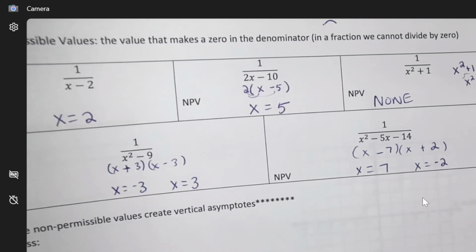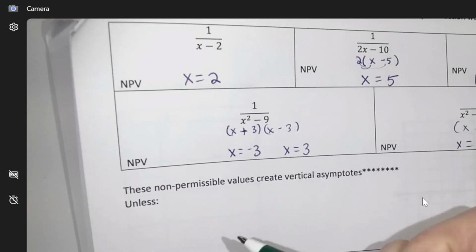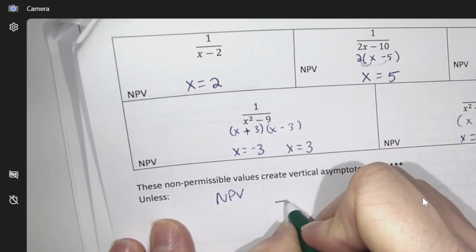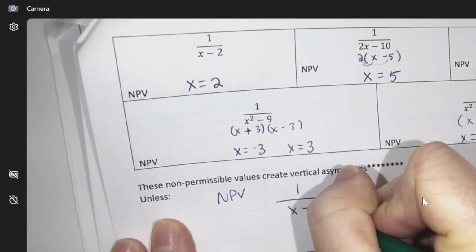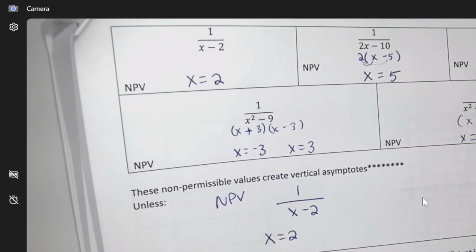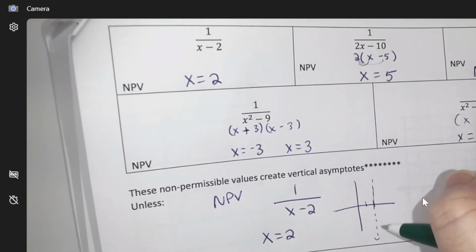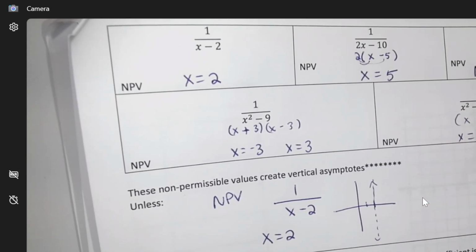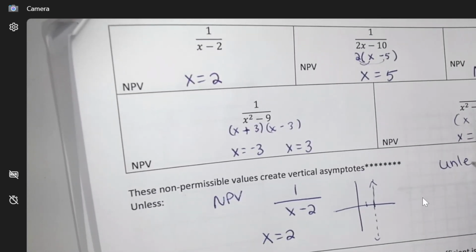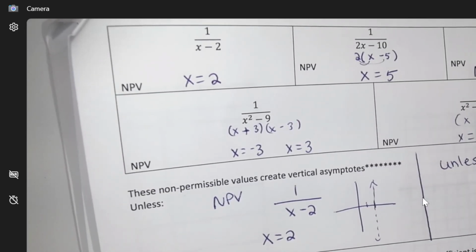Okay, so here's the deal. When you have a non-permissible value like that, it creates a vertical asymptote at 2. Unless there's this other special case.